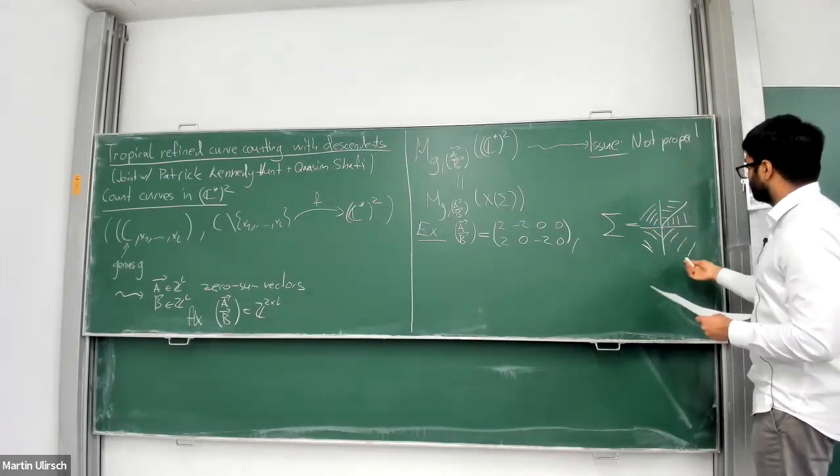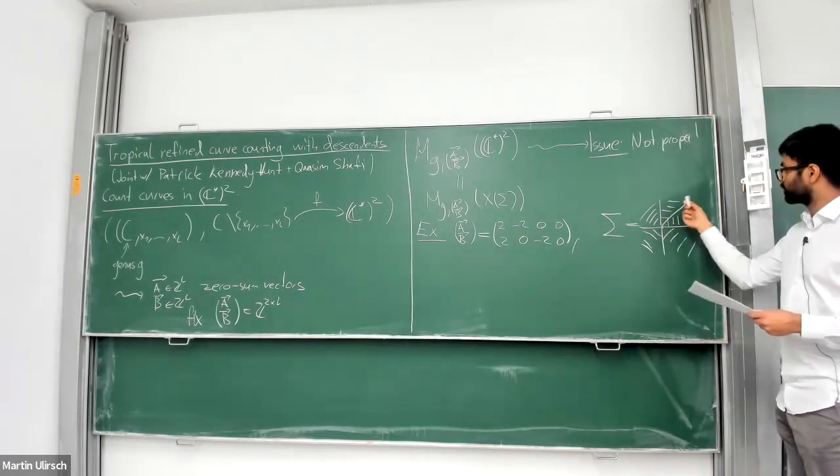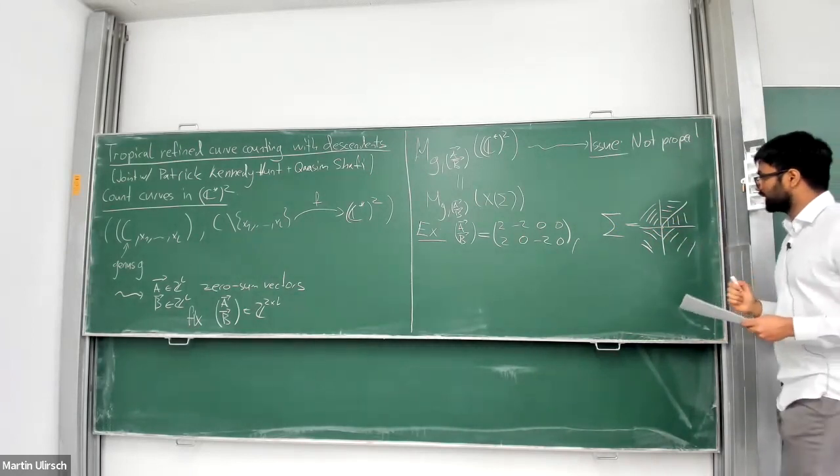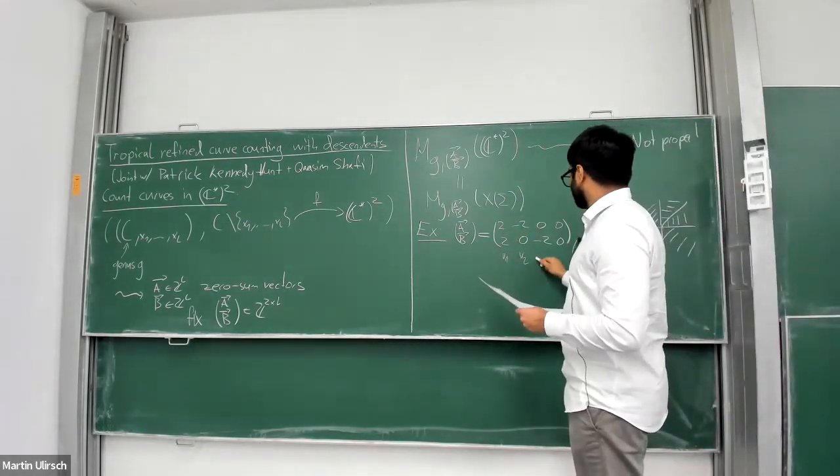So it's going to be a blow up of P1 cross P1 at a torus fixed point, and I will name these column vectors here v1, v2, v3, and v4.